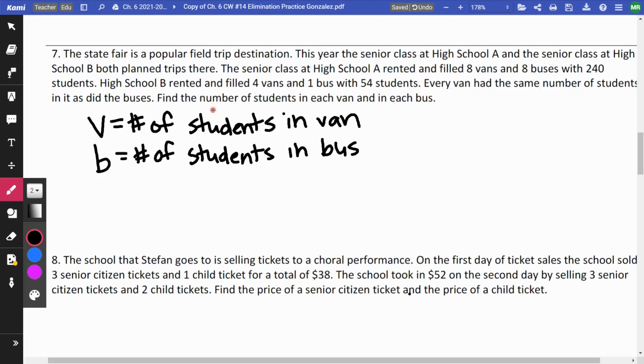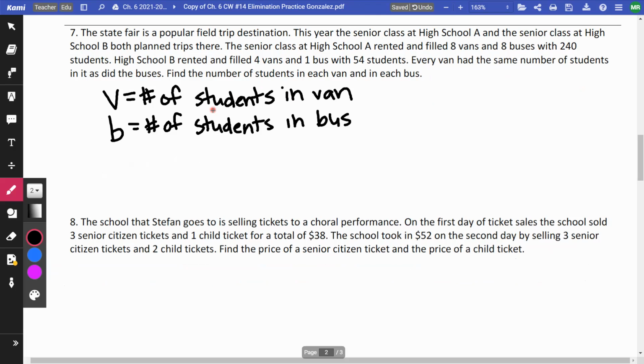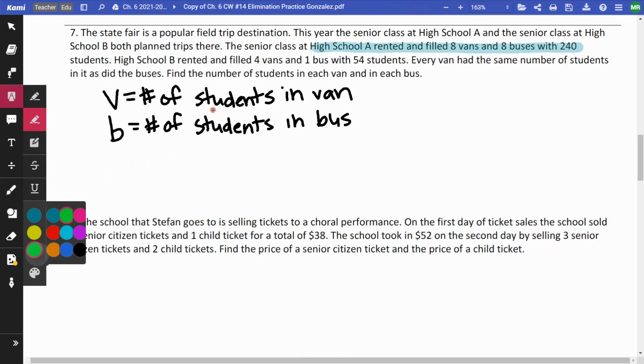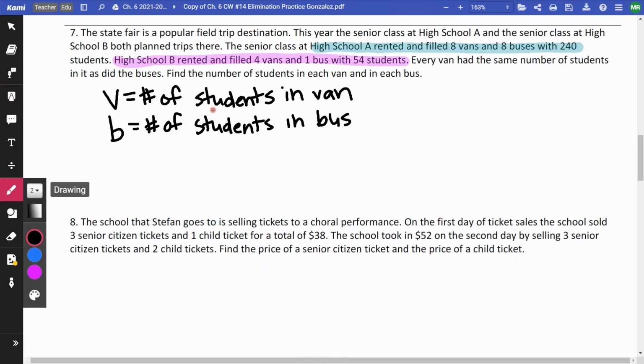And I'm going to be writing an equation to represent high school A. So high school A had 8 vans, 8 buses, 240 students. Then I'm going to write one for high school B. High school B had 4 vans, 1 bus, and 54 students.